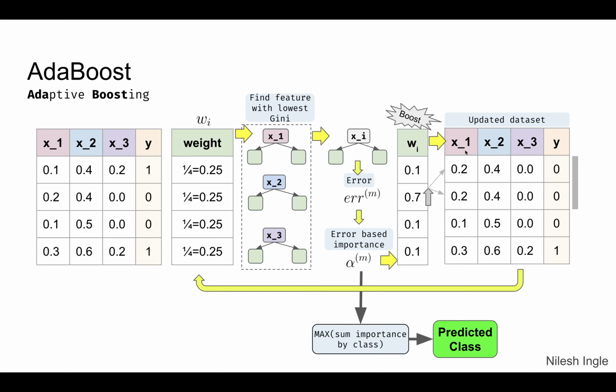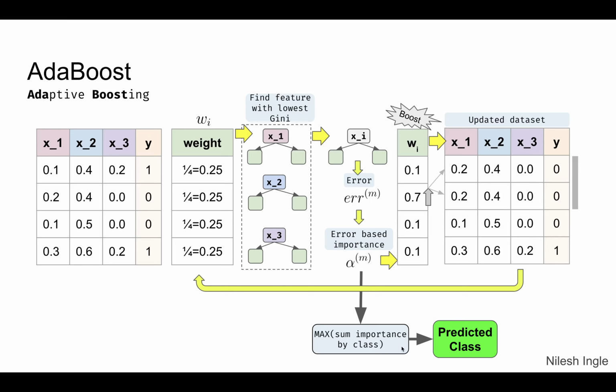So again we go through the loop of finding the Gini, finding the error, calculating the importance, and then calculating the weights, updating the data set. So in this iterative process, eventually you would stop when the maximum of the sum of importance by class for a particular class is more than the other class.